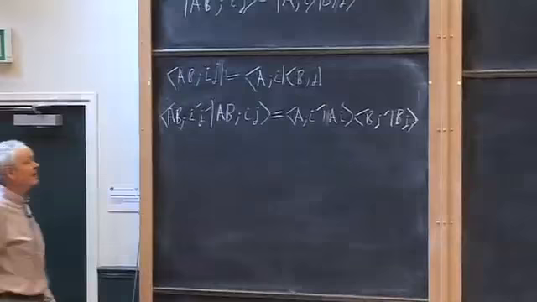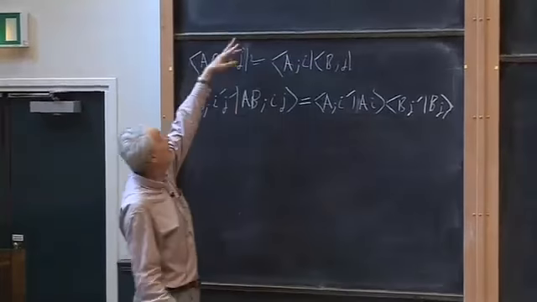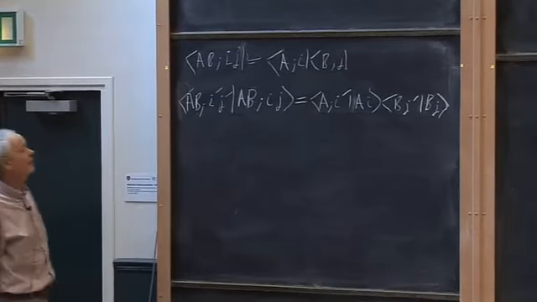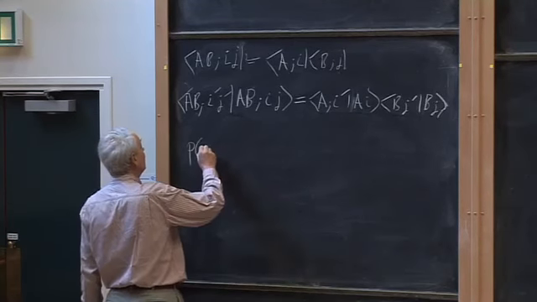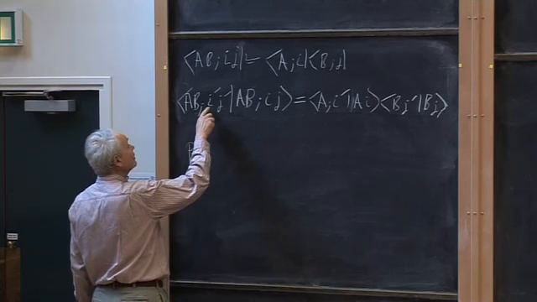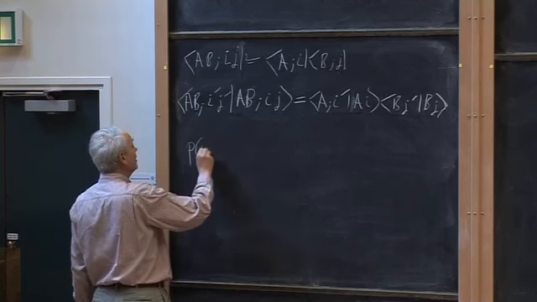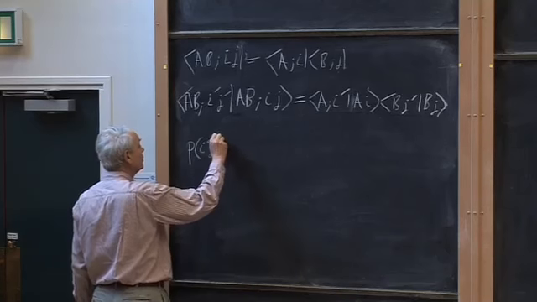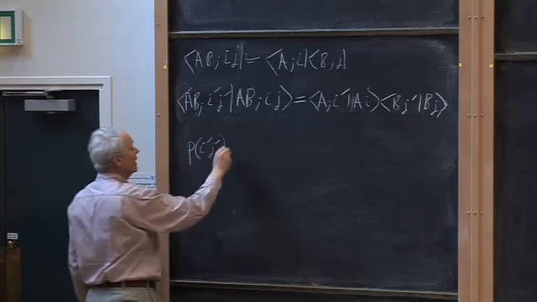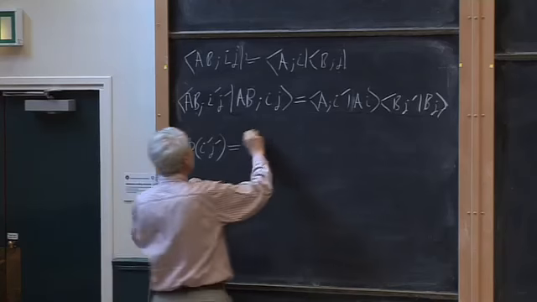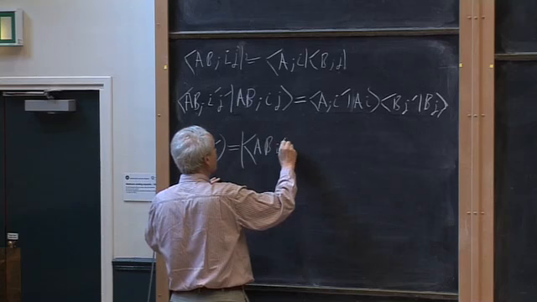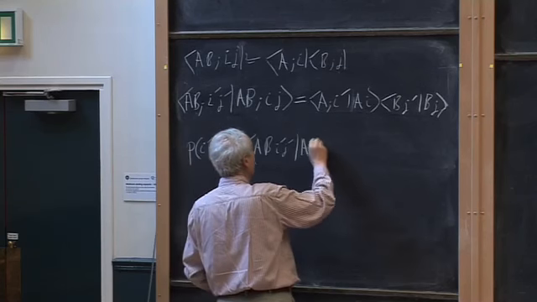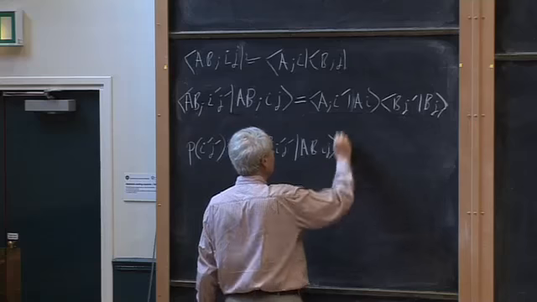Why does this make sense? Why is this a sensible definition of what we mean by these animals? Well, it says that the probability of measuring the results I primed and J primed, given that we're in this state, is equal to the mod square of this horrible thing, the bra I primed, J primed on the ket I, J, mod square.